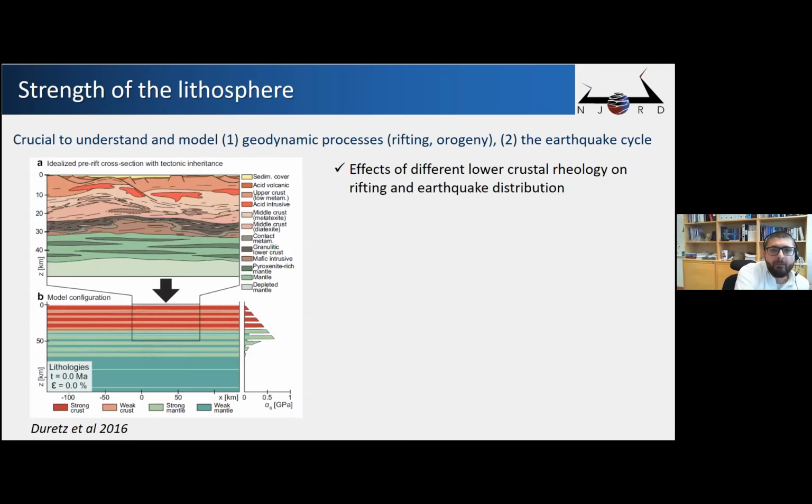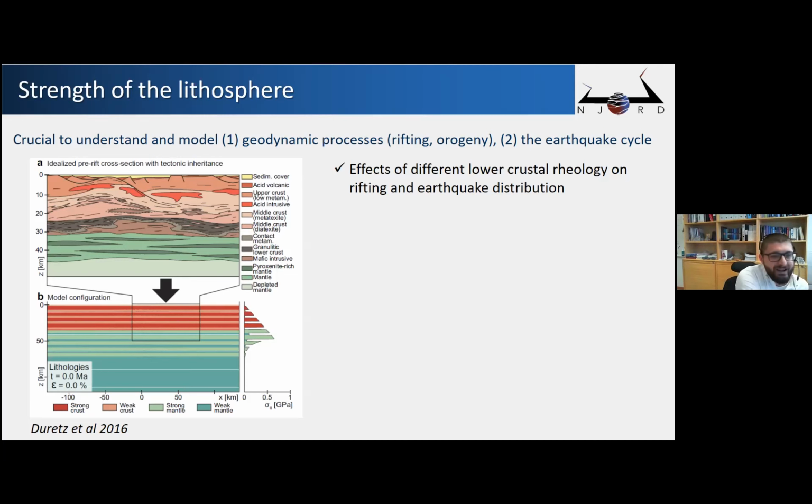So we are aware that rheological stratification of the crust and rheological heterogeneities in the crust play a fundamental role in shaping the architecture of rifting and rifted margins. We have seen this image from Benoit just a while ago, as well as in the localization of seismicity in rifted margins.